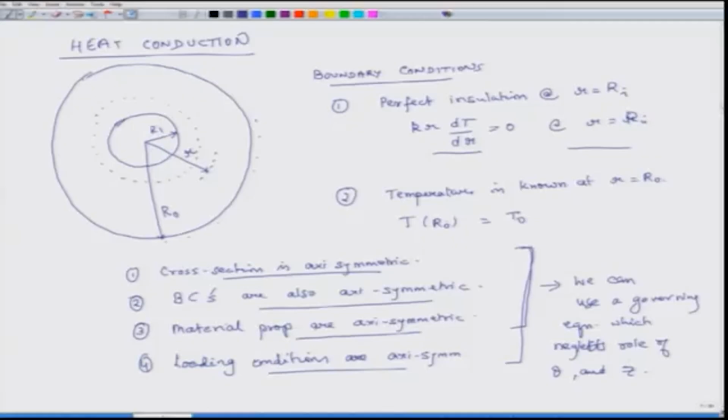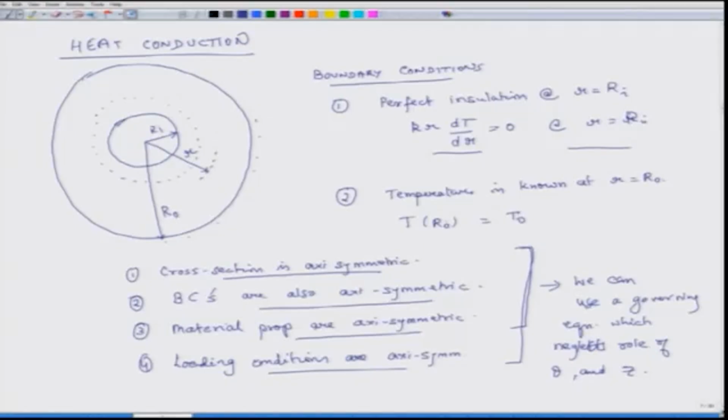Okay. So, z is the direction of axis and theta is the direction of angle, the hoop angle. So, we can use a governing equation which is also axisymmetric in nature.